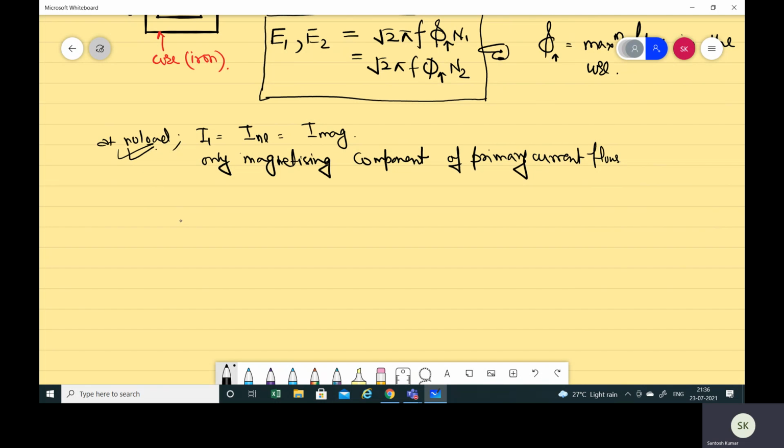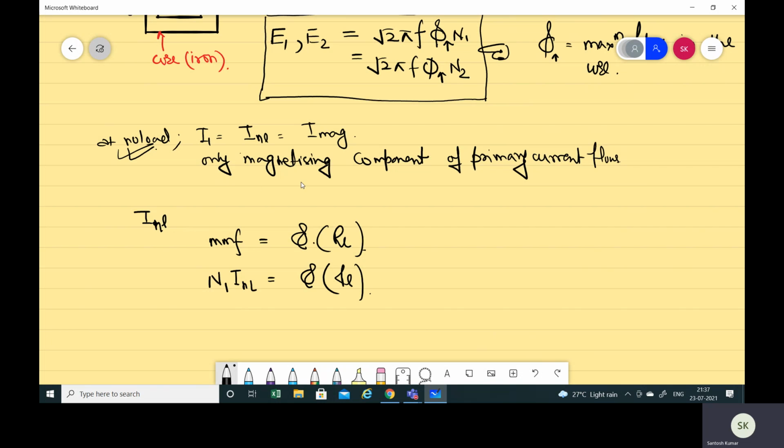The formula which will be useful in calculating I no load is MMF equals flux into reluctance of the core. So we can say MMF, number of turns of primary N1 into I no load, is equal to flux in the core into reluctance of the core.